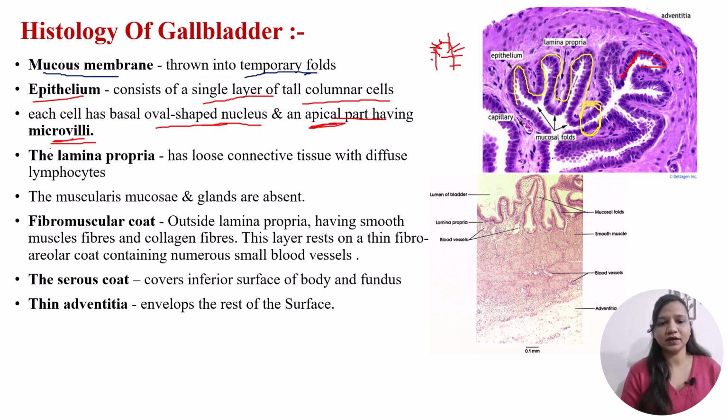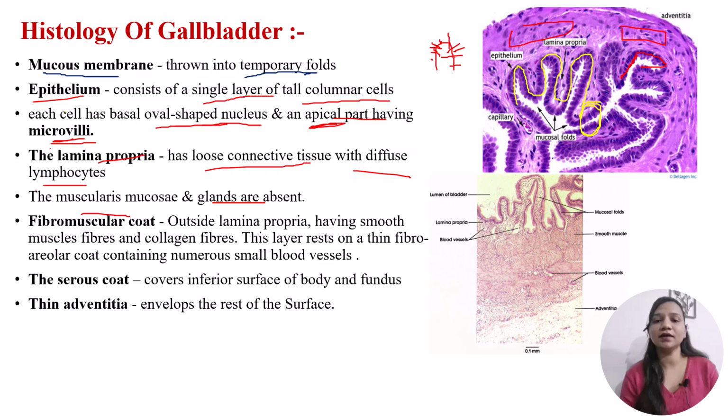The lamina propria has loose connective tissue with diffuse lymphocytes. The muscularis mucosa and glands are absent in the gallbladder. Why? What is muscularis mucosa?